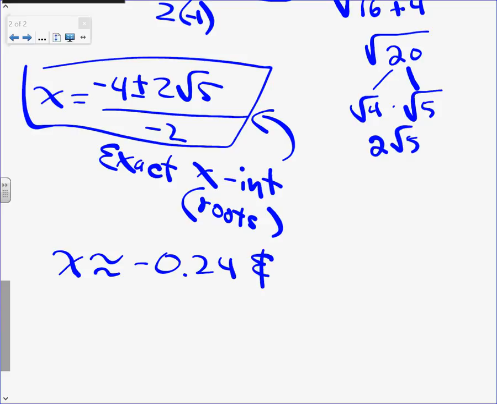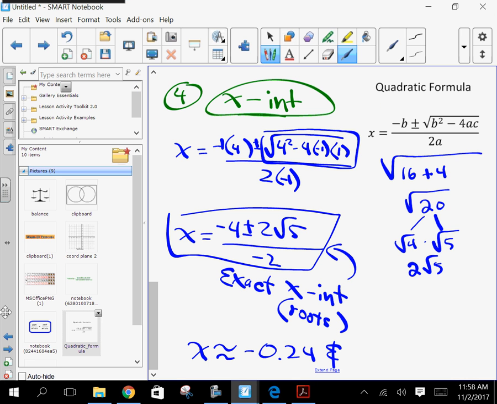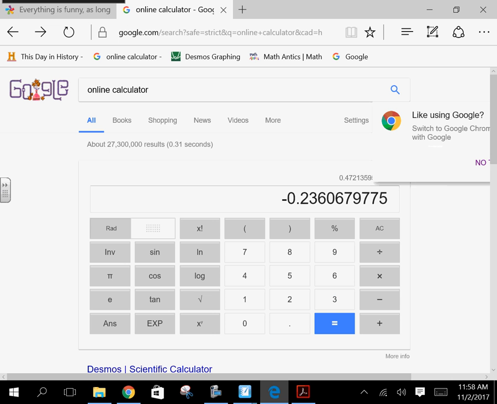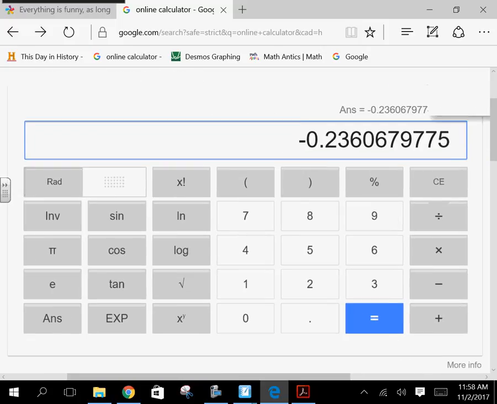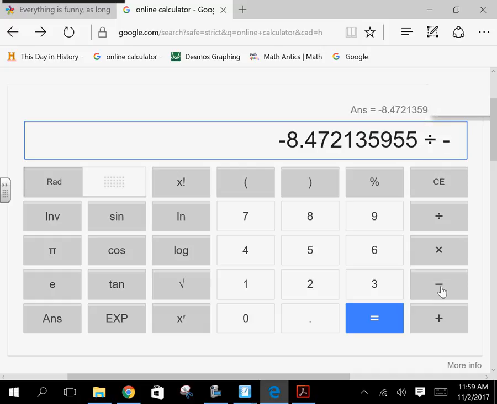And let's do the minus one, -4 minus 2 radical 5 divided by -2. Watch this. Here we go. -4 minus 2 radical 5 equals divided by -2. 4.24.